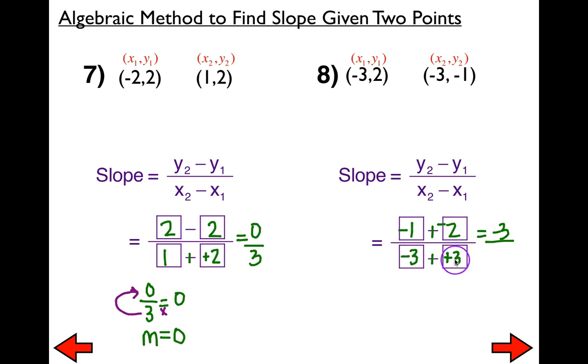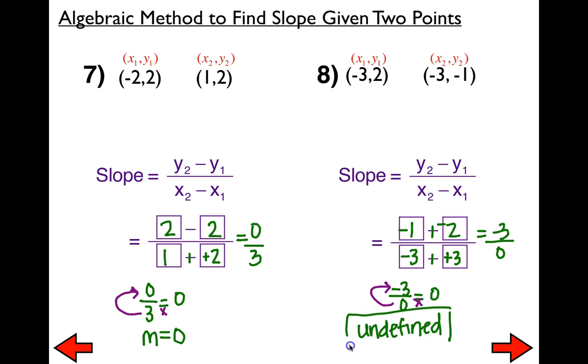What's negative 3 plus positive 3? The answer is 0. So here we think negative 3 divided by 0 is 0, but let's check our work. Does 0 times 0 really equal negative 3? The answer is no. So here you can't say the slope is 0. You would have to say the slope is undefined.